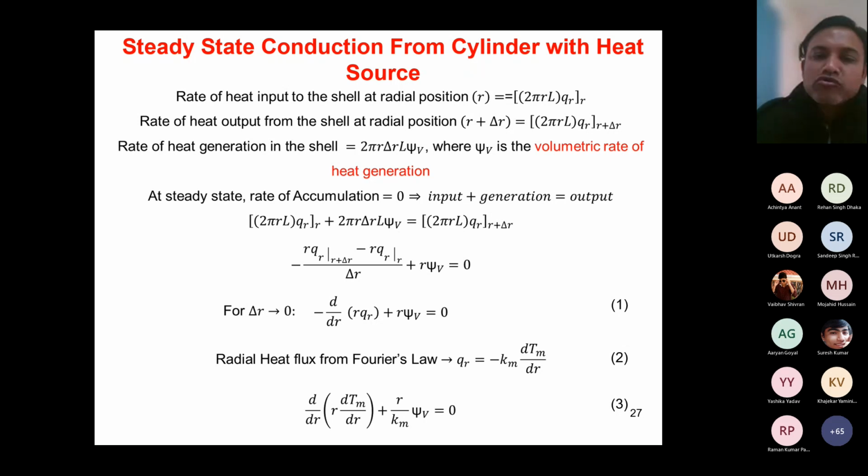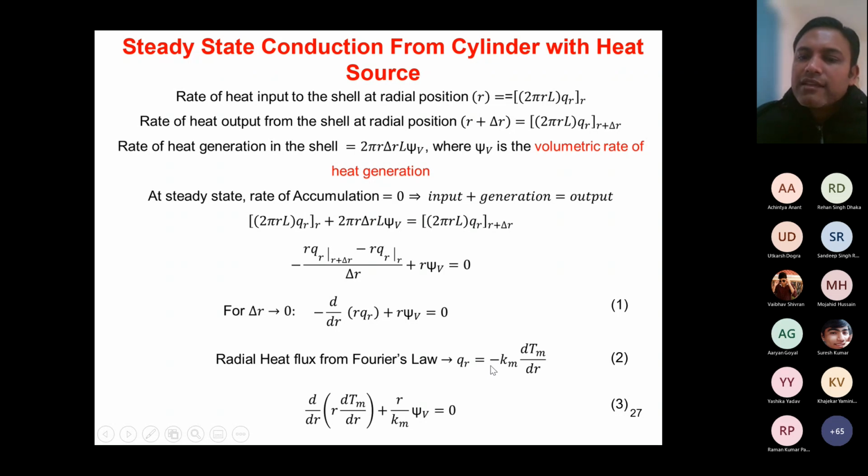Okay, all right. So in this case, we are getting this equation: minus d by dr of R q_r plus R psi V equals 0. Here this q_r is nothing but the heat flux at the radius R, isn't it? And that can be obtained using Fourier's law of heat conduction as minus k_m dT_m by dr. Again, for simplicity, we are assuming that the thermal conductivity of this metal wire is constant. It is not varying with temperature.